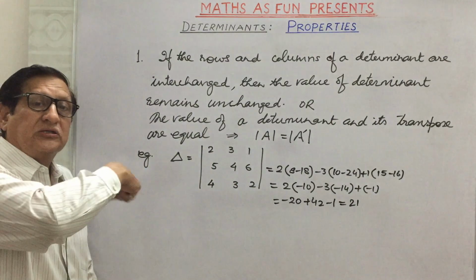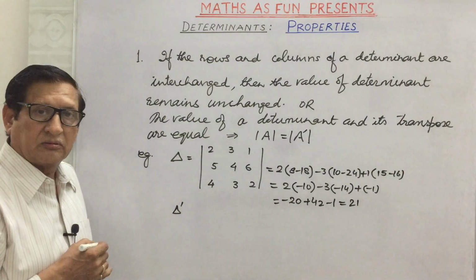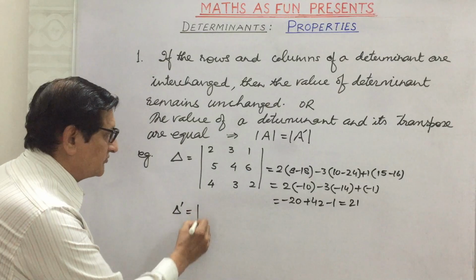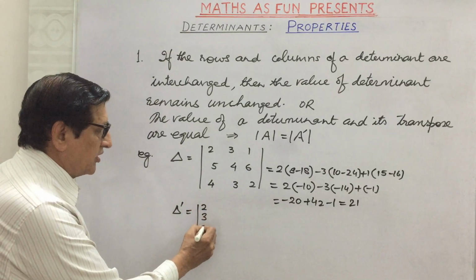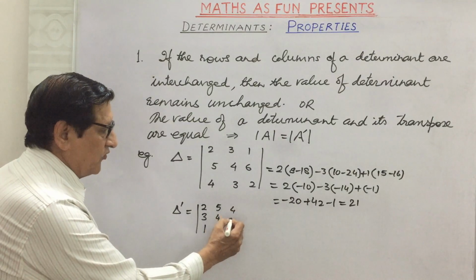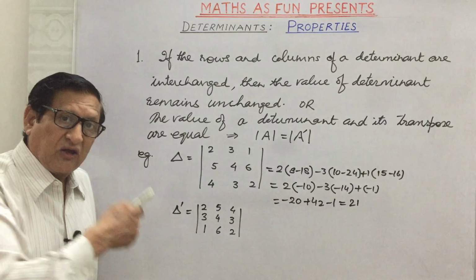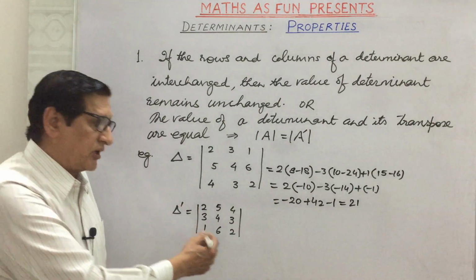Now if we interchange the rows and columns, that is, we take delta dash, it comes as 2, 3, 1, 5, 4, 6, 4, 3, 2. Now we expand it along row 1 only.